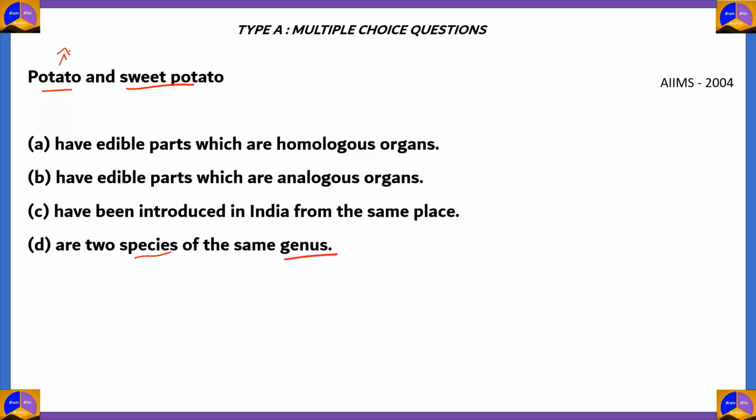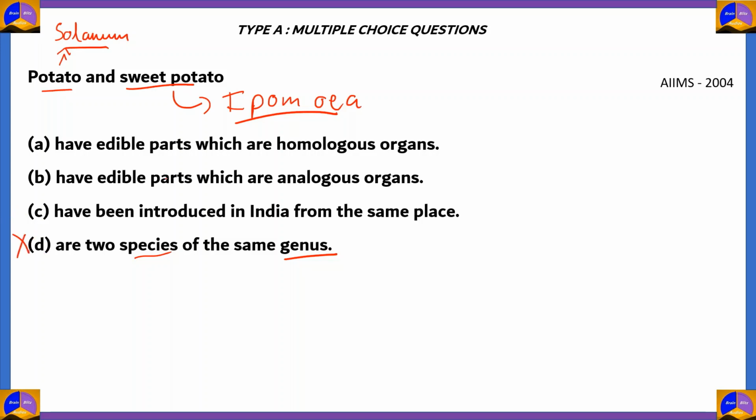The fact is that potato belongs to Solanum and sweet potato is a part of Ipomoea. So as you can see, these are two different genuses. So option D is incorrect.